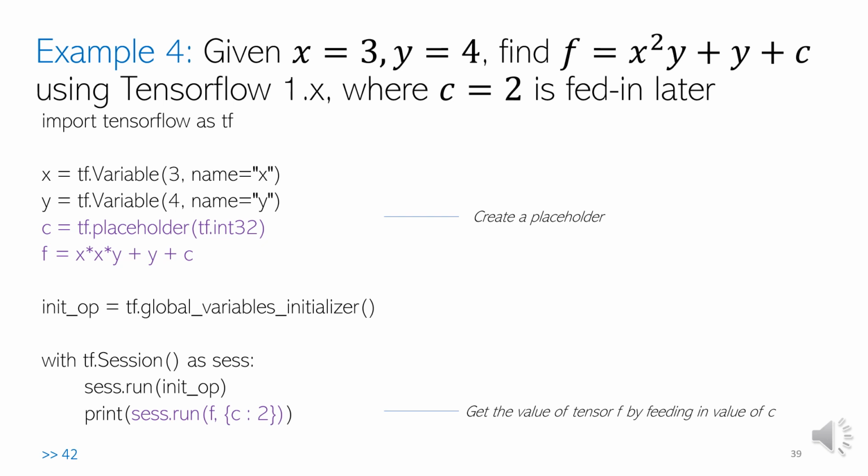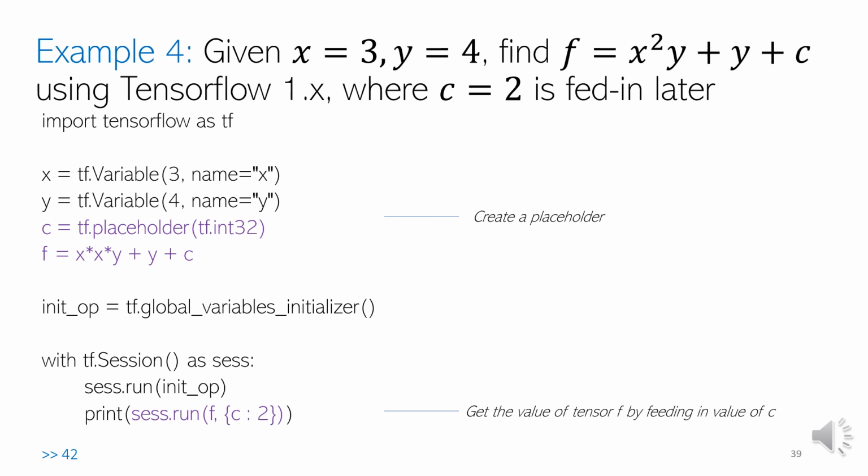We next define a placeholder c, and we create f using x, y, and c. Like before, we should create our initializer node in the computation graph. Next, we instantiate a session object. Right after this, we run the initializer node.